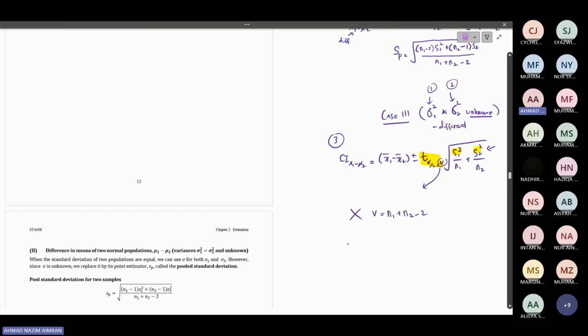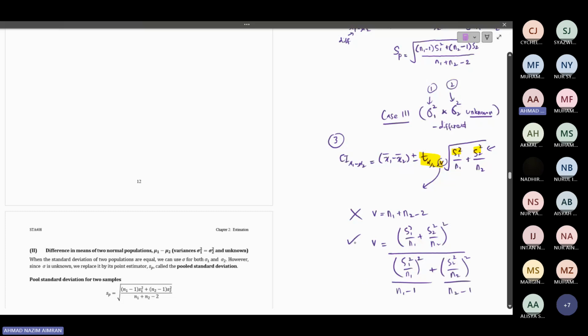It is given by (s1 square over n1 plus s2 square over n2) square, over (s1 square over n1) square over n1 minus 1 plus (s2 square over n2) square over n2 minus 1.